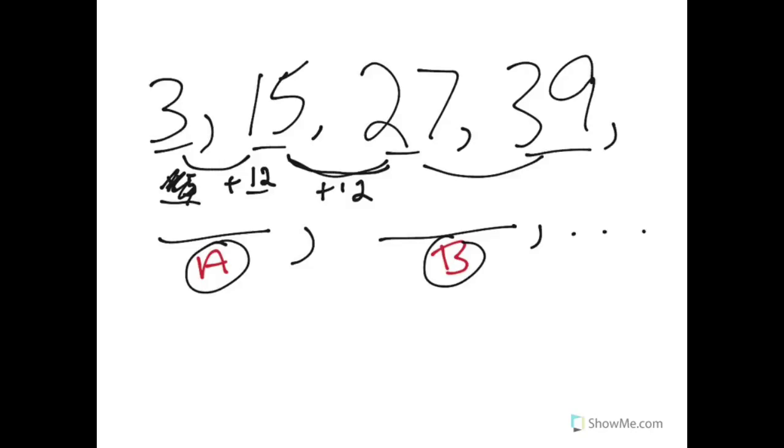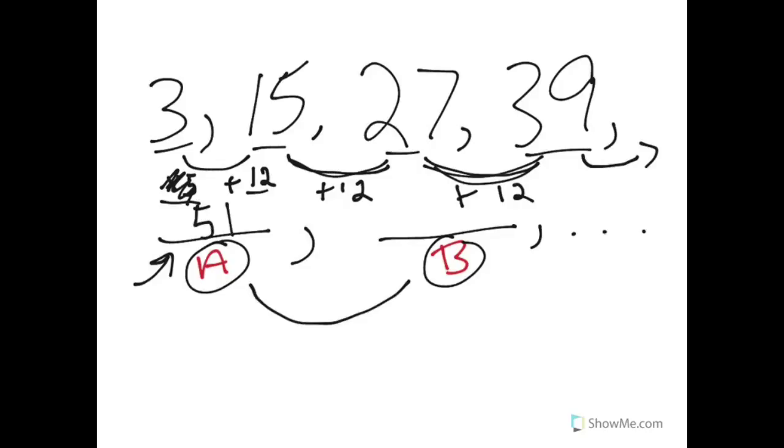We can check that one more time. 27 plus 12 is 39. So we know from 39 to our first blank A is going to be plus 12. 39 plus 12 gives us 51.